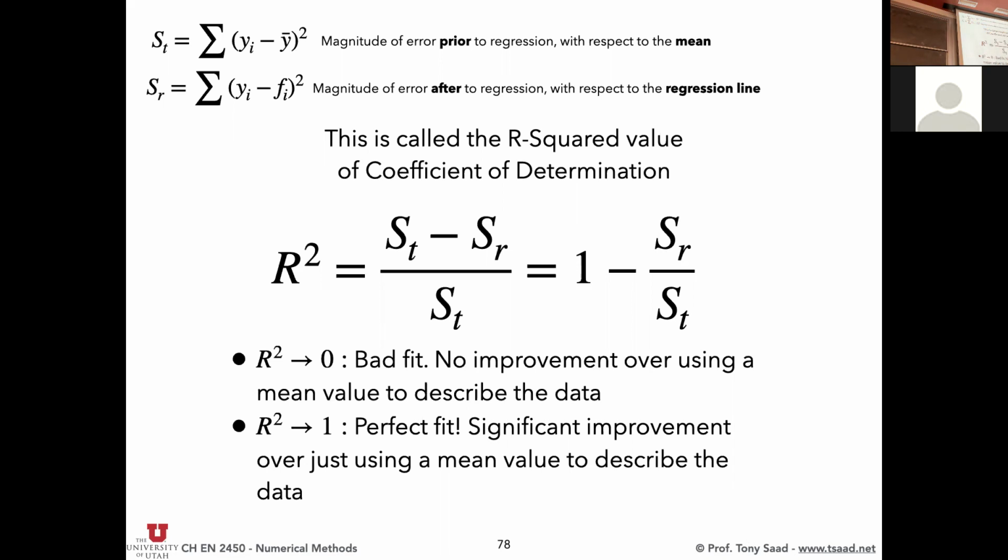If SR is much smaller than ST, then this ratio is very close to 0, and your R-squared value gives you 1. So if you've used the R-squared value before and you've memorized that R-squared 0 is bad, R-squared 1 is good, R-squared in the middle is okay, then this is where it comes from if you haven't done the derivation yet. And I hope this helps you solidify this idea of what it means to do regression.